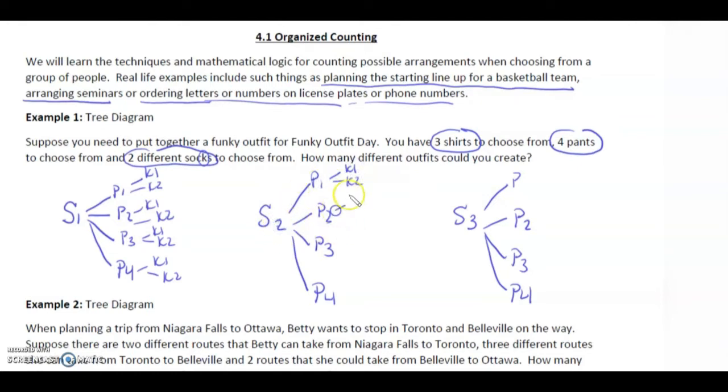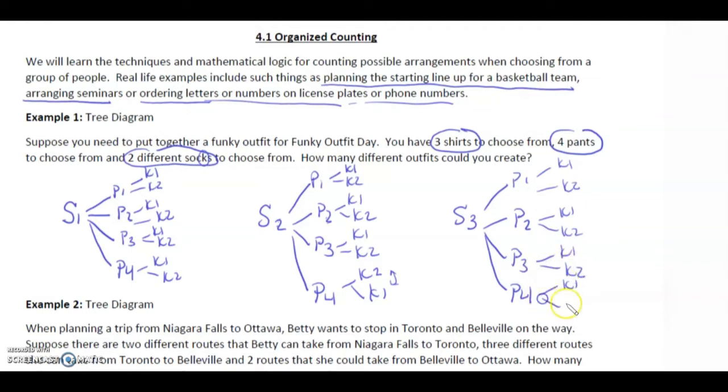Shirt 2, pant 2, sock 1, shirt 2, pant 2, sock 2. We can continue going all the way down. K1, K2, and so on.